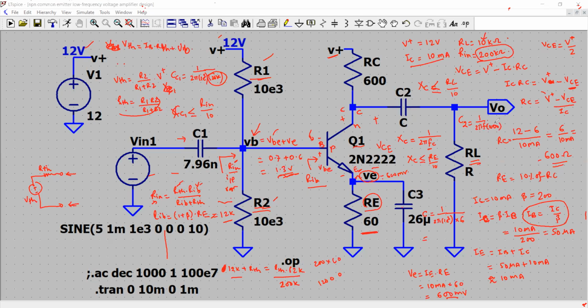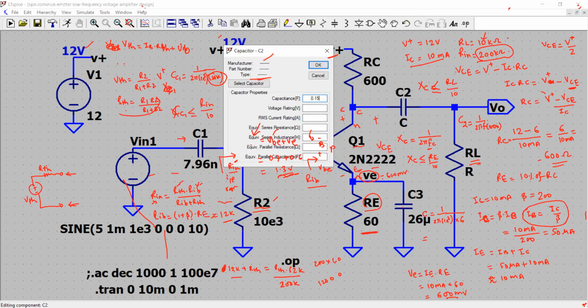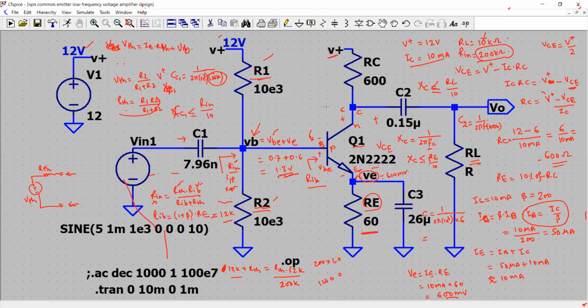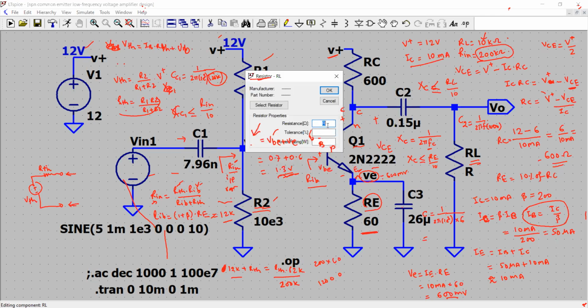Let's see how much C2 comes to. That comes out to be 0.15 microfarad. So that's it. Let's put the value of RL here. RL is your 10 kilo ohm.